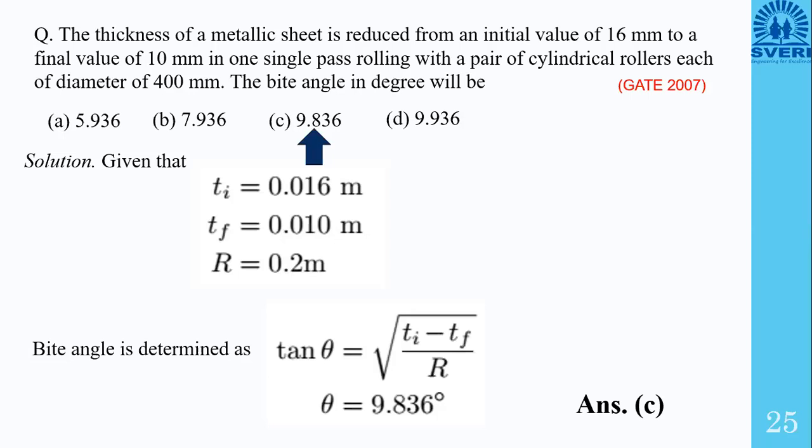Just remember again the tan theta formula, the mu formula, and L, that is the roll strip length. The bite angle may be asked in radian or in degrees. The formula is the same: the root of (Ti minus Tf) divided by R. That we have to be clear about.